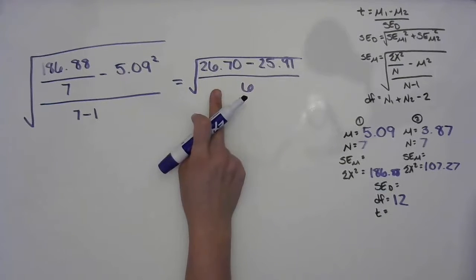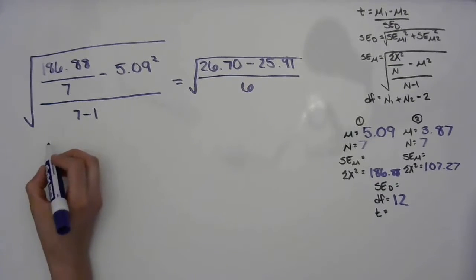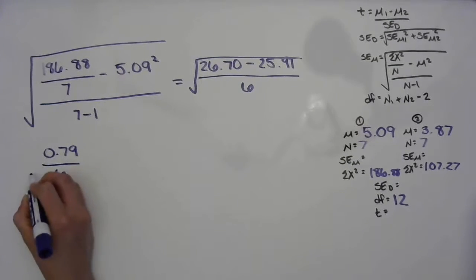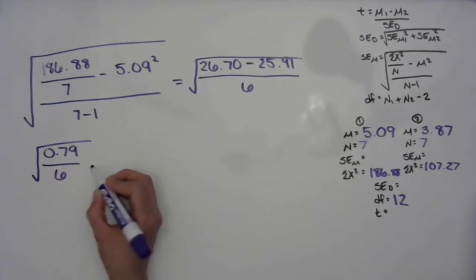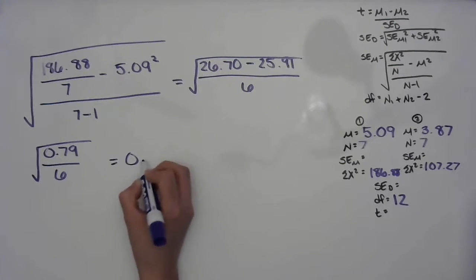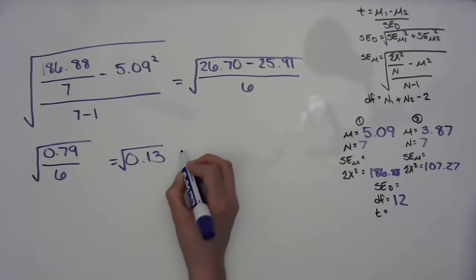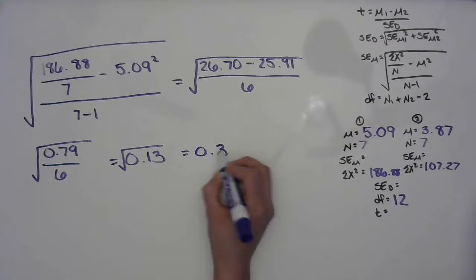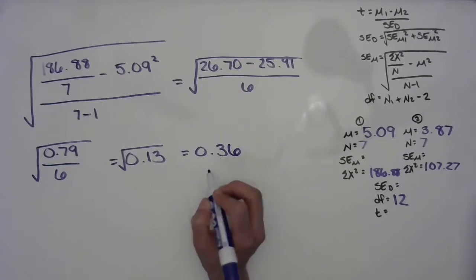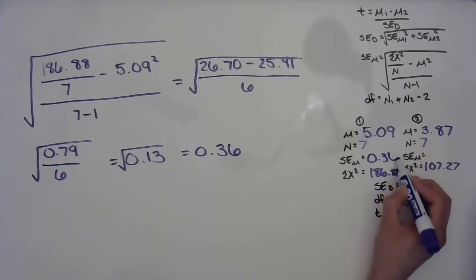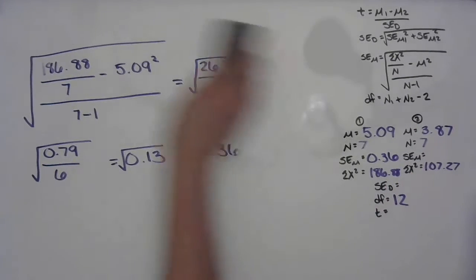So 26.70 minus 25.91 gives us 0.79, and then that's over 6. Then we divide that out. That gives us 0.13. Then we find the square root of that, and that gives us 0.36. So our standard error of the mean for Group 1 is 0.36.